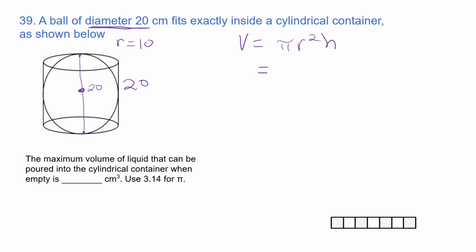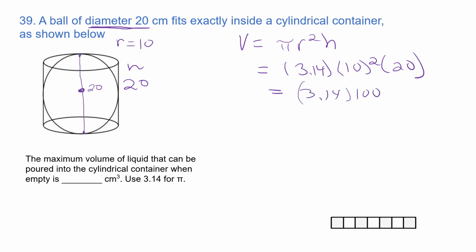Let's just plug it in. 3.14 times r squared, so that's 10 squared, times h, which is the height. Multiplying that through, so 3.14 times 100. 10 squared is 100, so that's 20. 3.14 times, so 100 times 20, that is 2,000.